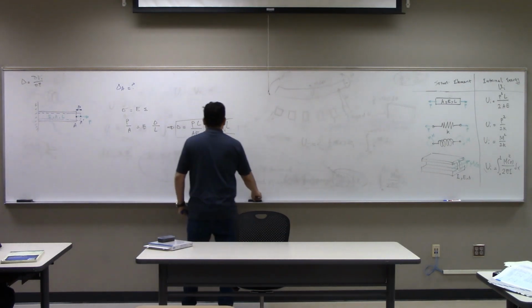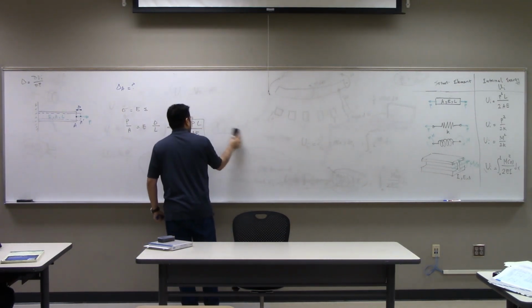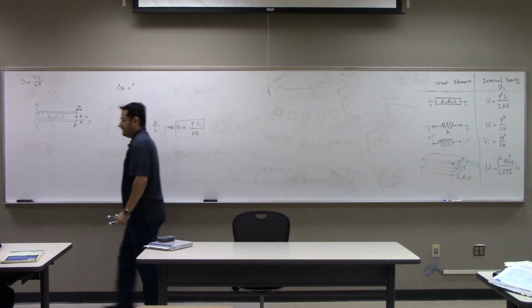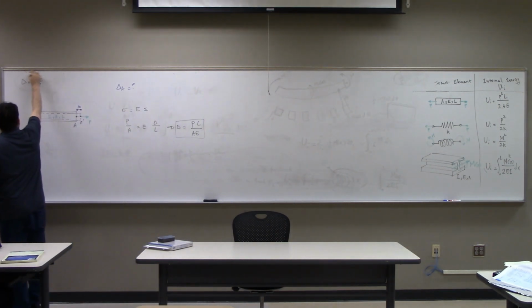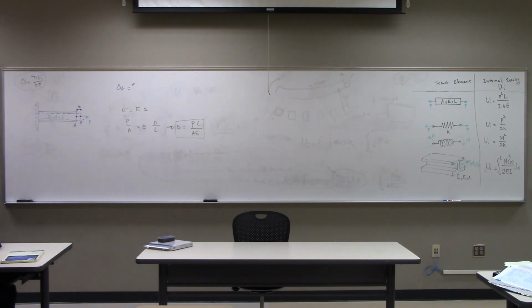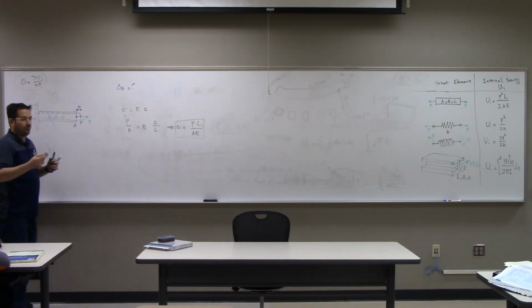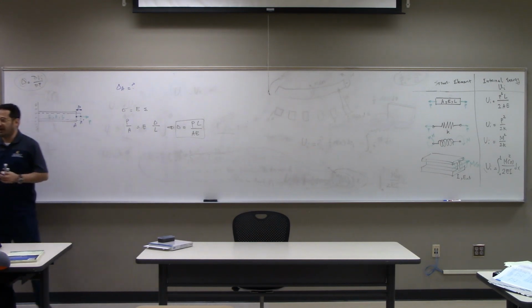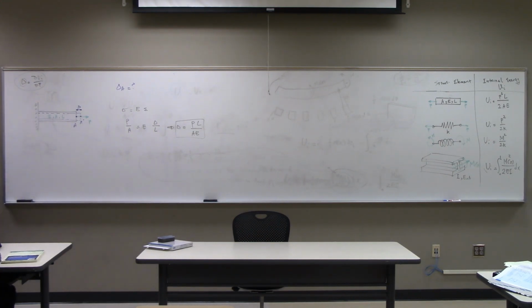So what should I do in order to use Castigliano? What do I need to find this deflection? Internal energy. Even if you don't have a force here, the way you start with Castigliano, you add the force if there is nothing there.